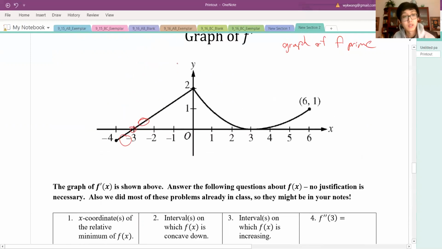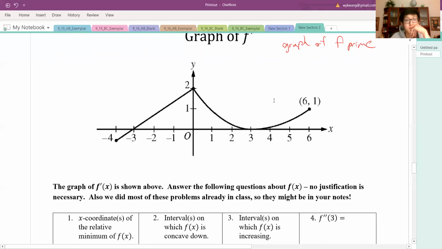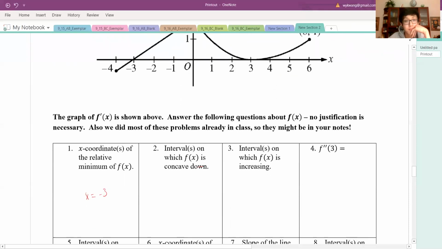In which case, concave up. So the slopes are getting more positive. Well, where are the slopes getting more positive? Well, the graph of f prime is the slopes, right?